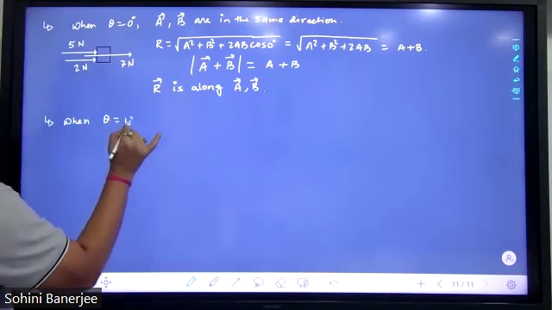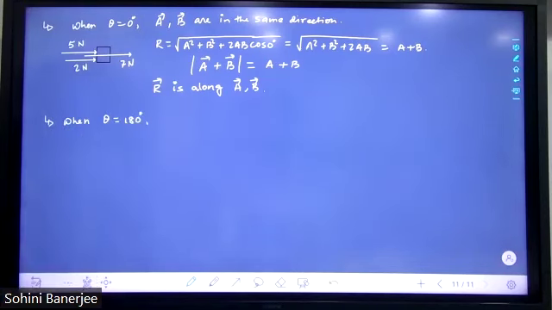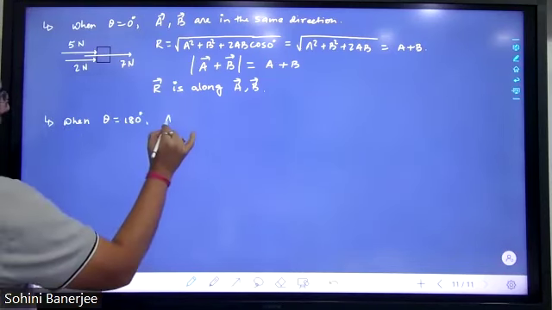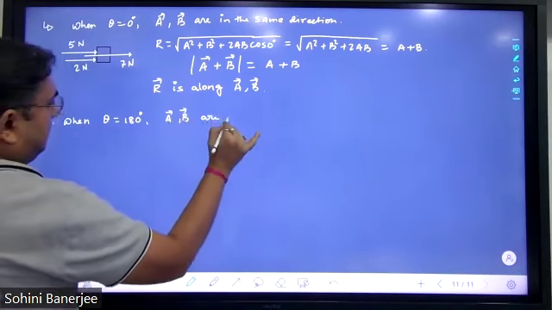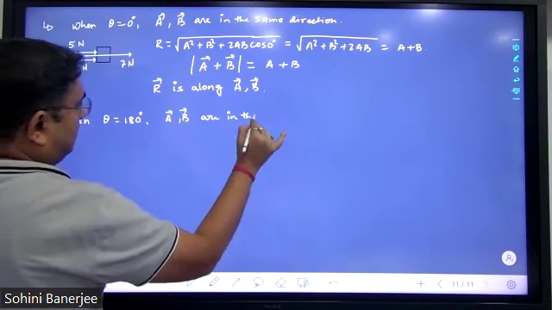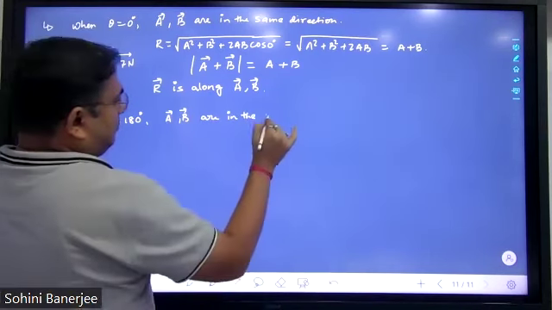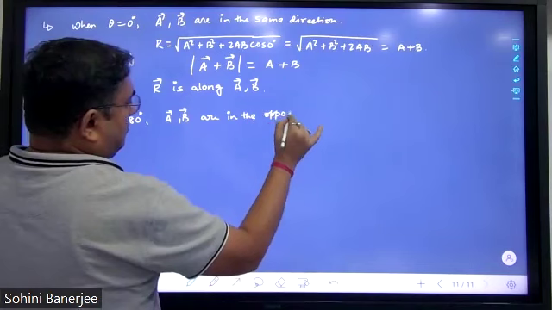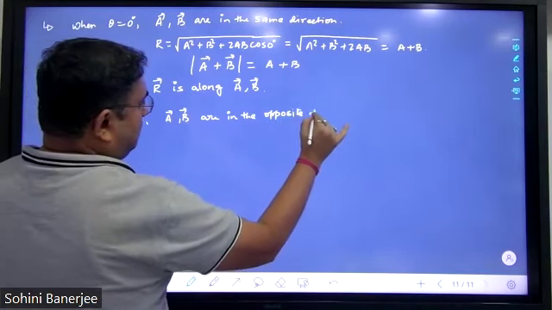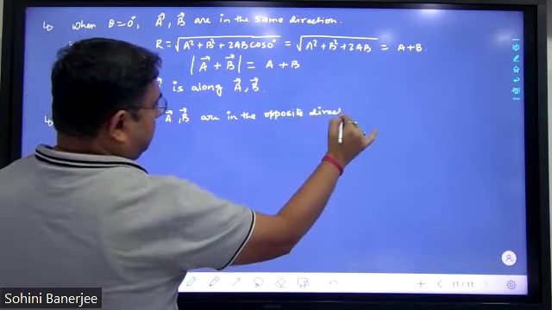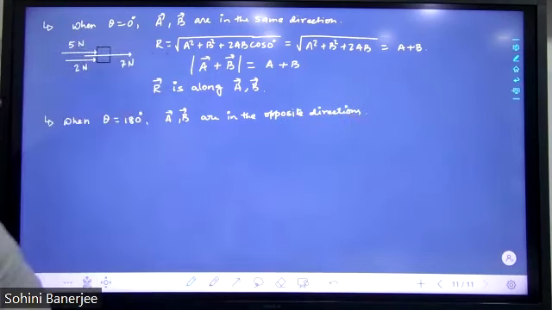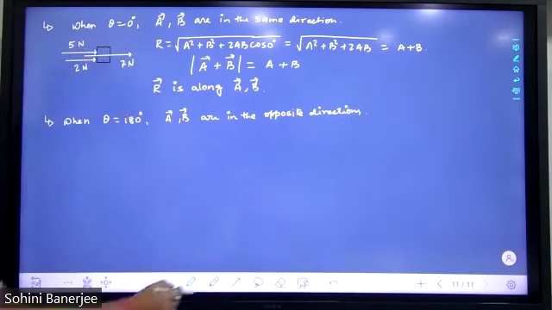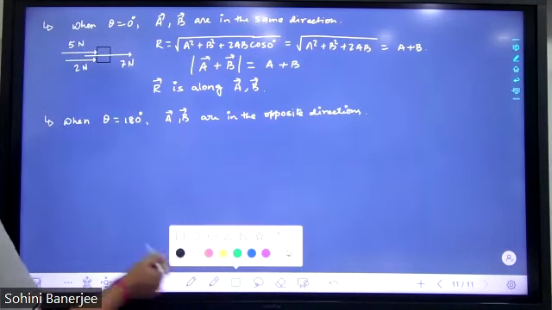When theta equals 180 degree, A and B are in the opposite directions.